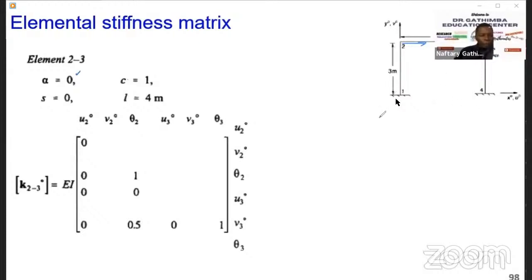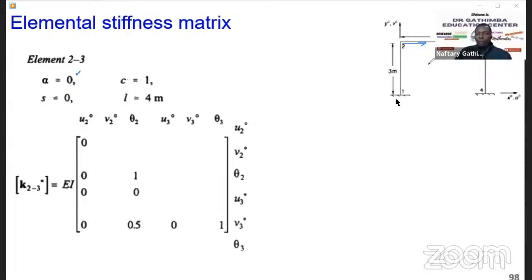That's why we are only left with the components which are non-zero, which are U2, theta 2, U3, and theta 3. So this simplifies your working, but you also need to be very careful. If you cannot observe it by inspection, it does no harm if you just compute and fill the whole matrix and then cancel or remove the rows later on.